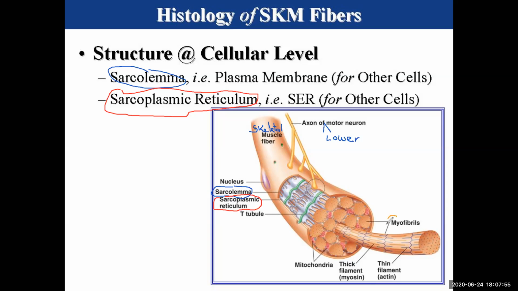So this is a myofibril. And within each myofibril, you have the smallest structural and functional unit of muscle. We call that a sarcomere. This is one sarcomere right here between neighboring Z lines.